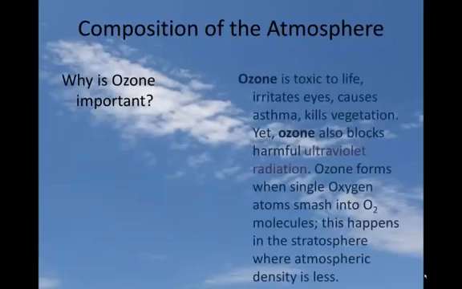This happens in the stratosphere. The stratosphere is part of the ionosphere, and we'll talk about that later on in this slide presentation. But this happens in the stratosphere where atmospheric density is less. We'll talk about density in a little bit, but when you have a less dense atmosphere, you have a lot more room for molecules to fly around. Eventually these molecules will smash into each other.